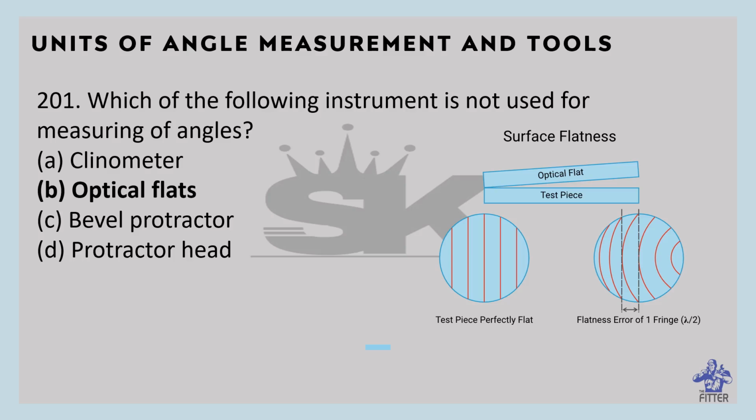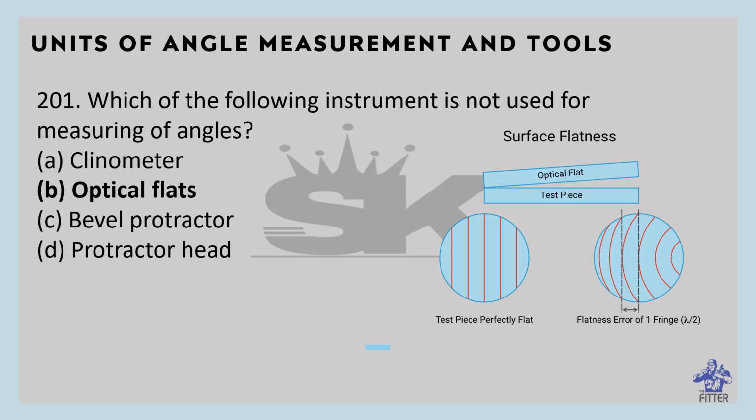You can see on the left side is a test piece that is perfectly flat. So in the second image, we can determine the flatness error of one fringe. By using the fringes, we can decide the flatness errors.